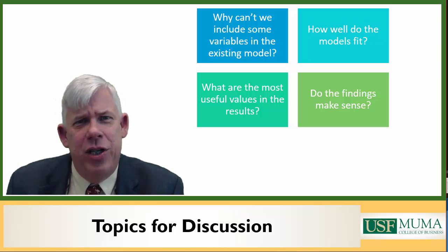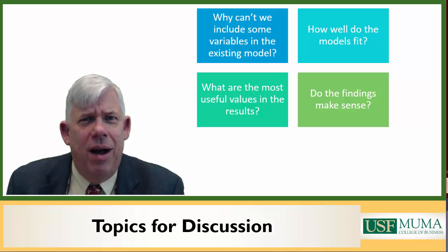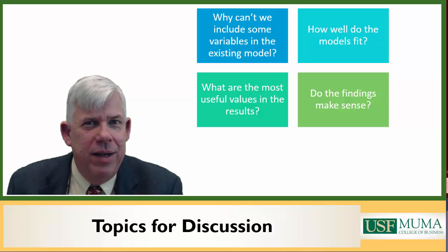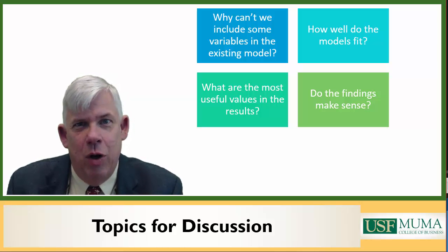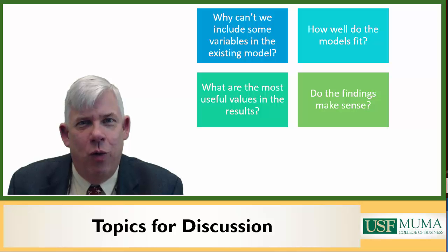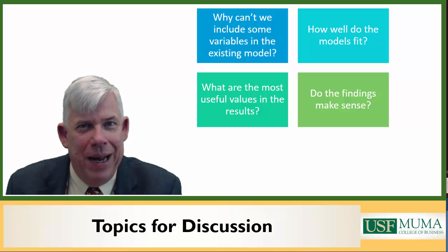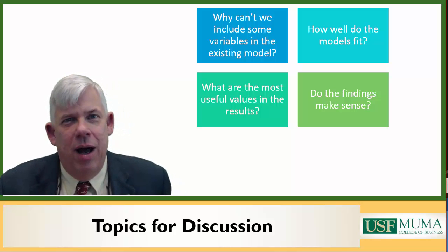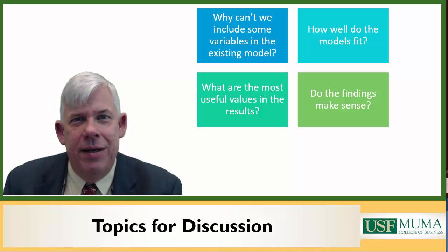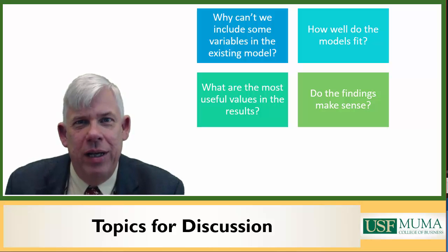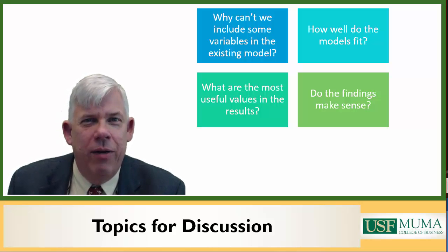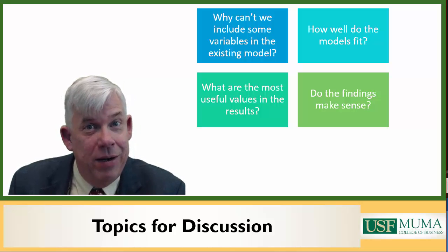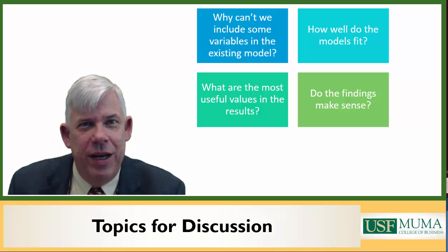Now, in a situation like this, we can readily determine by looking at the findings that they don't make sense. Nobody is going to pay $4,000 not to have floor mats in their cars, or whatever the ridiculous value of the coefficient was. But nevertheless, if you're dealing with research in areas where you do not have a lot of domain knowledge, you might accept that because the coefficient is significant.